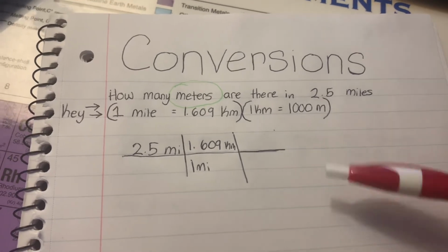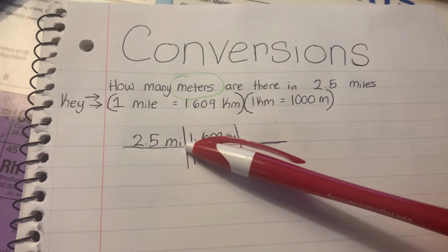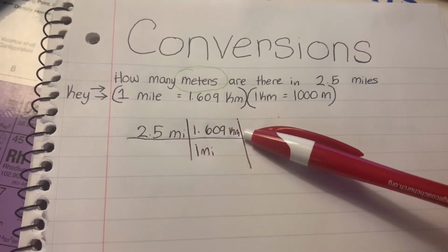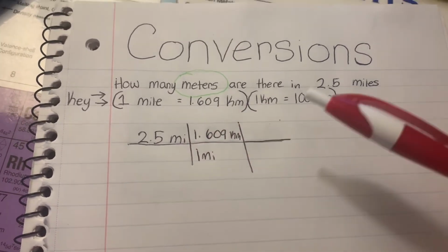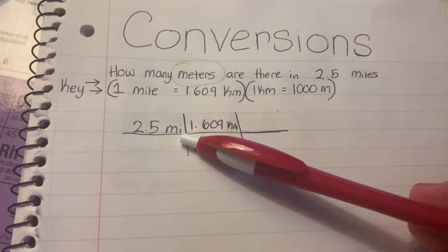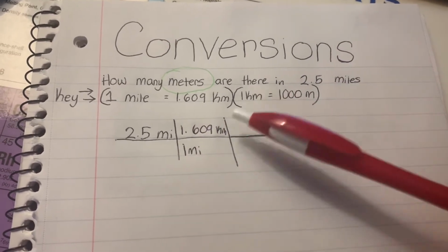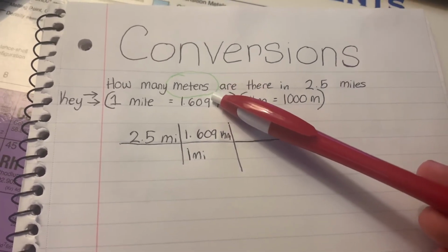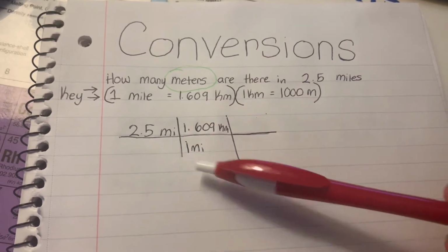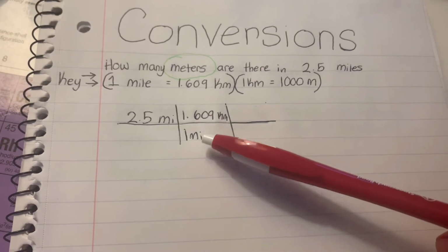You will notice that two measurements say miles, and the third measurement says kilometers, okay? Because these have the same form of measurement, and we're starting with miles, but we don't want to end up with miles, we can cross cancel those and get rid of the miles, okay?